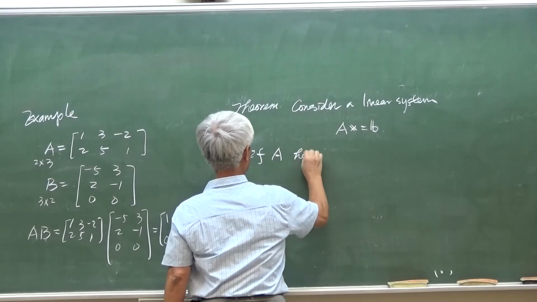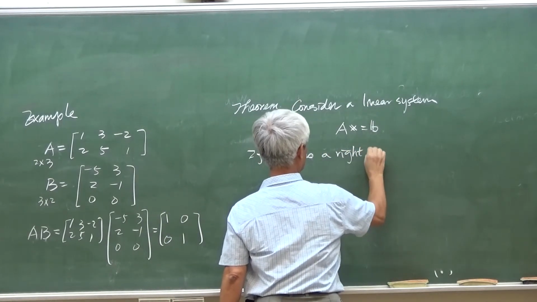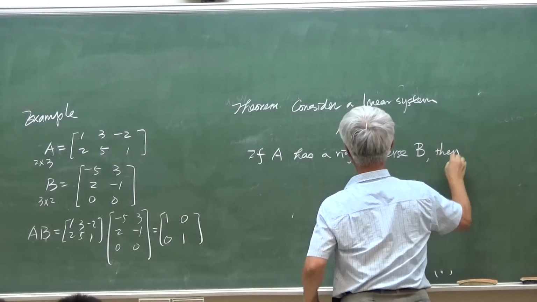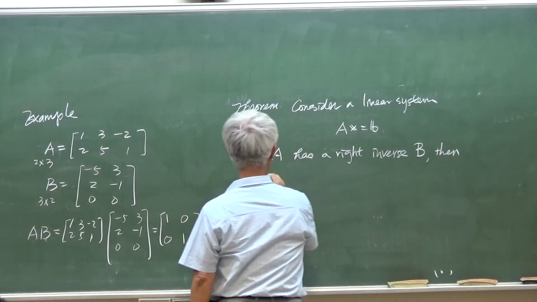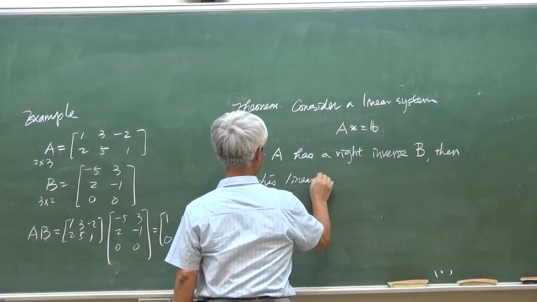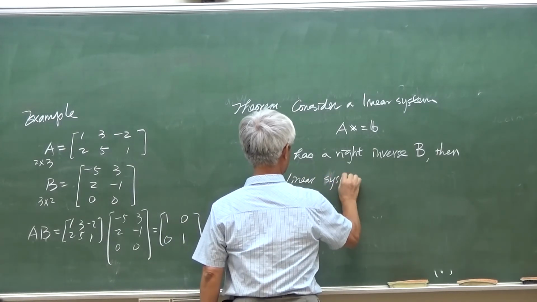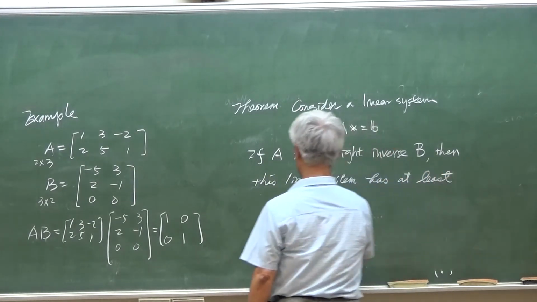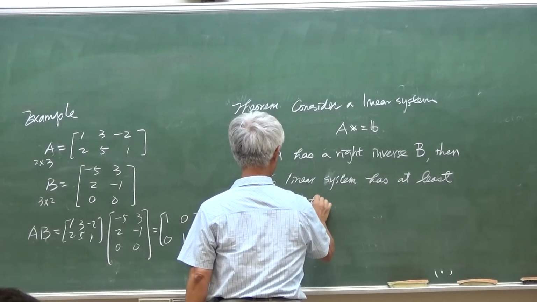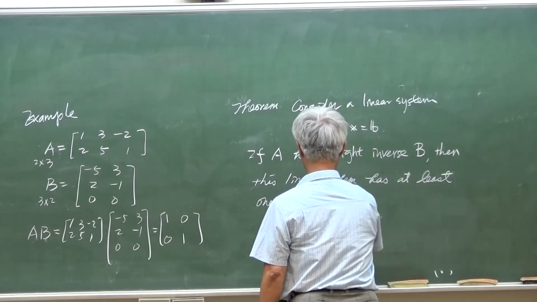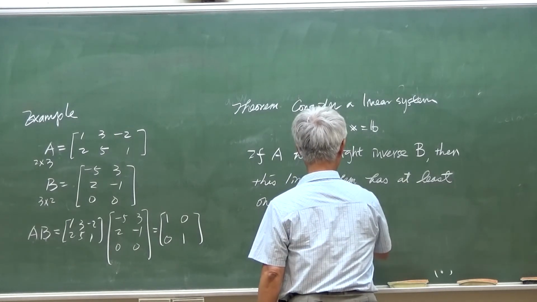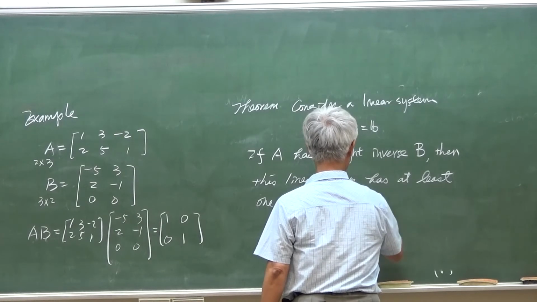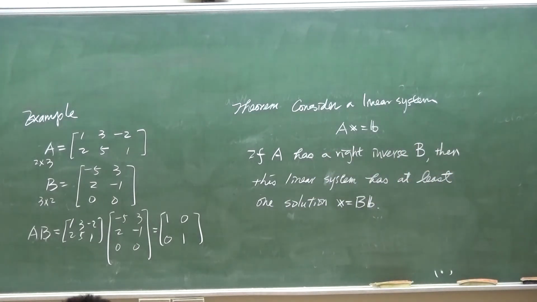If A has a right inverse B, then this linear system has at least one solution, B b, and then you can immediately write down the solution.